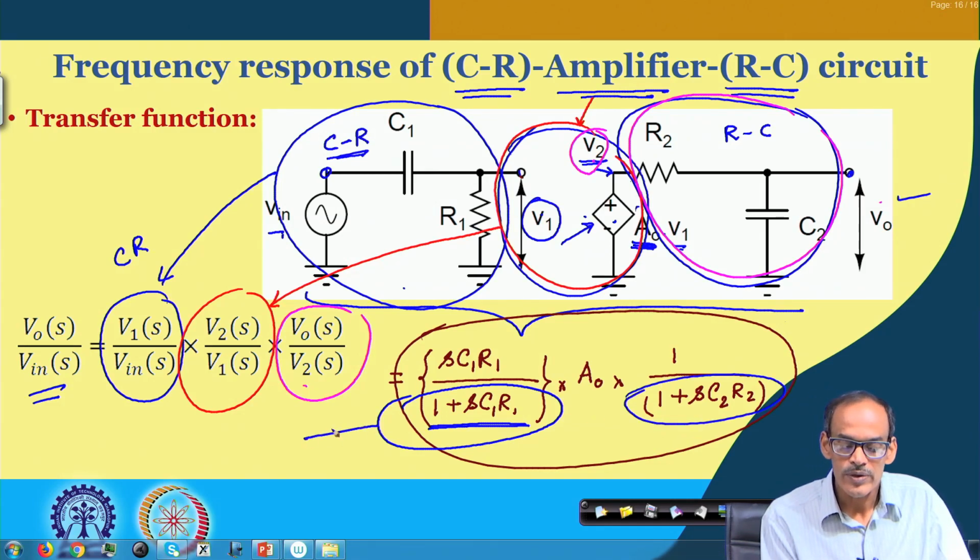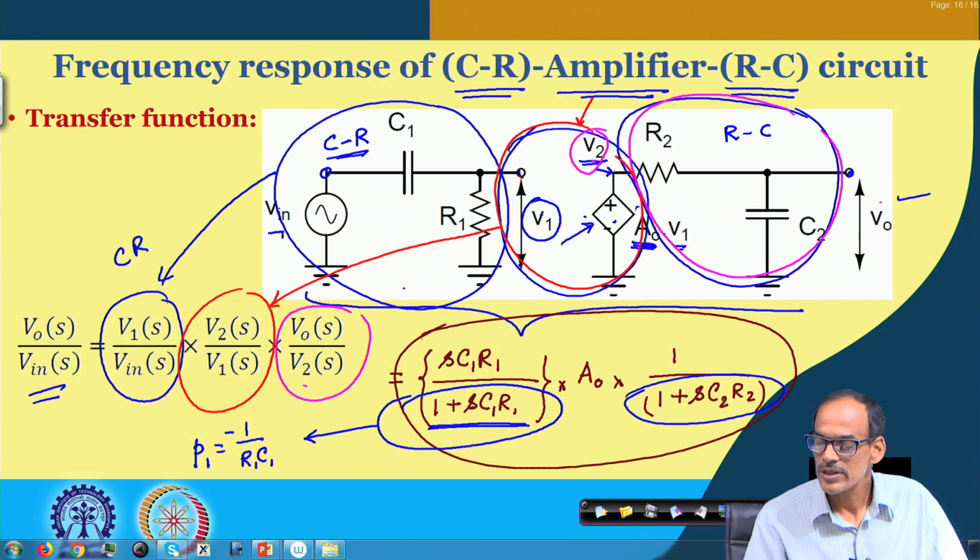If I consider this factor, it has a pole, say P 1, equal to minus 1 by R 1 C 1. Likewise, this part has the second pole, say P 2, equal to minus 1 by R 2 C 2.